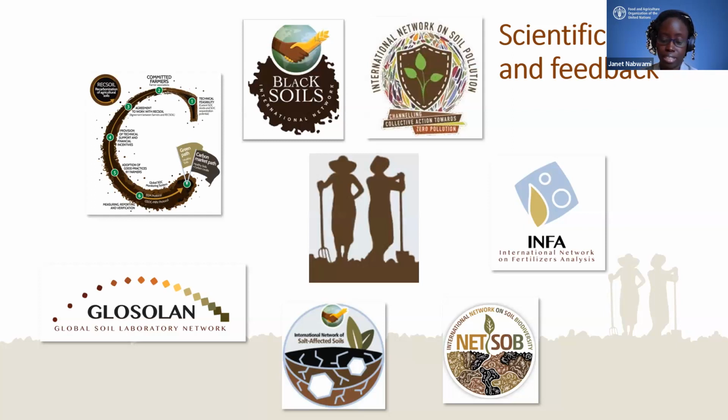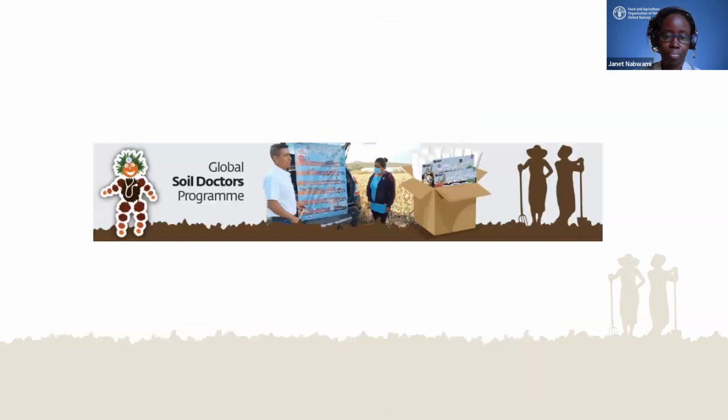They help with the development of educational materials in sustainable soil management practices. They also help with coming up with some case studies that can help the farmers to understand the program better.